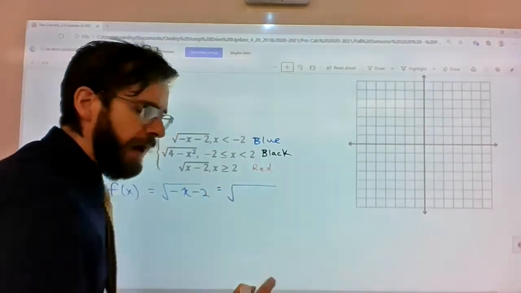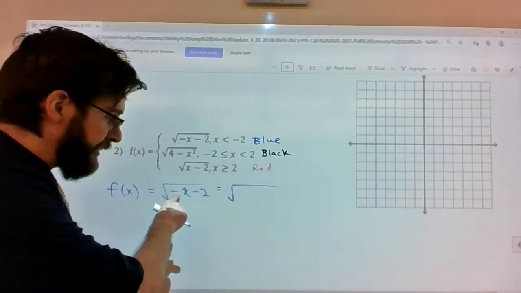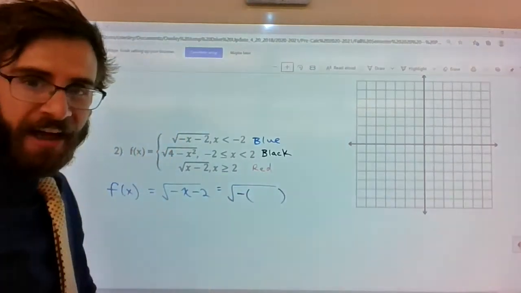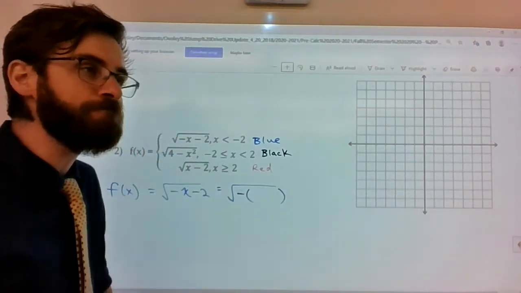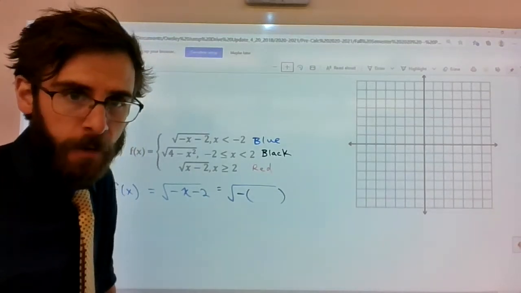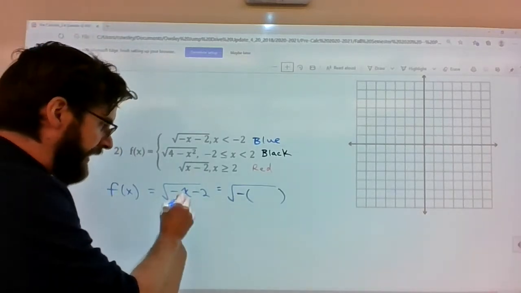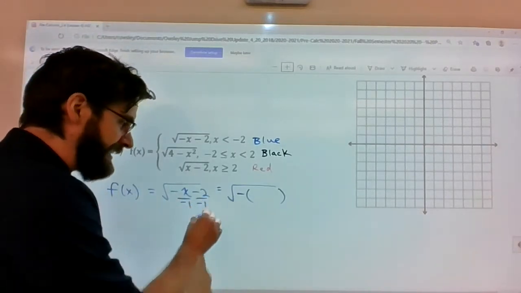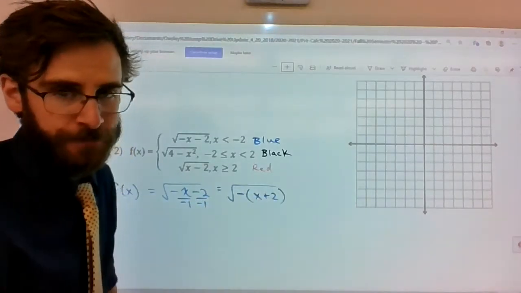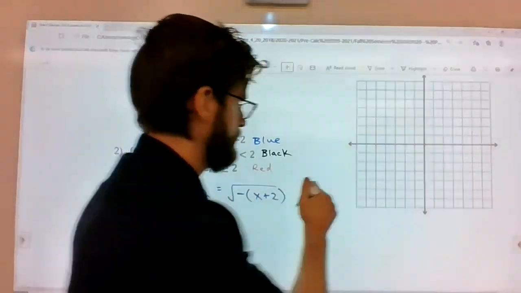In order to correctly identify the horizontal shift inside the root, if there's a negative in front of the x, I have to factor the negative out to clearly see the horizontal shift. When I take a negative out of both negative x and negative 2, I get x plus 2. This would indicate a shift 2 units left.